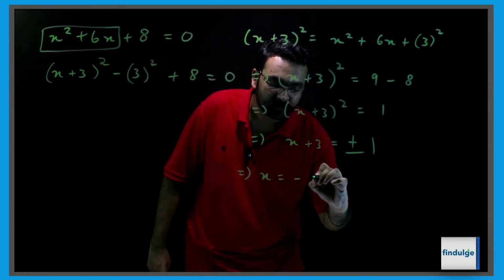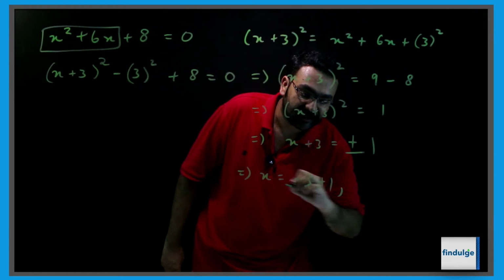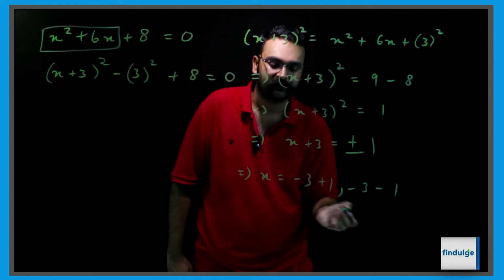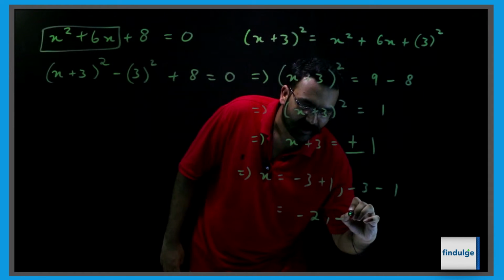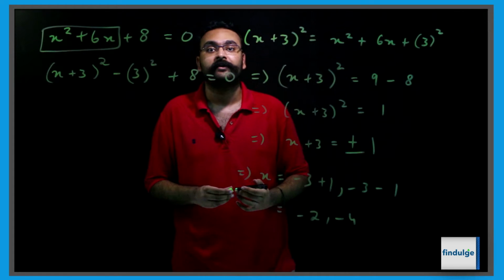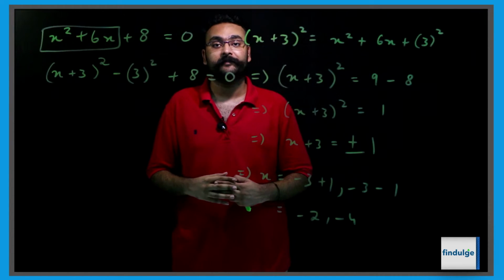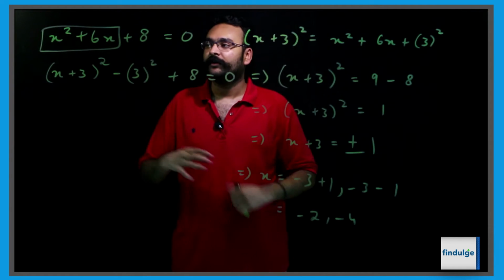One answer will be minus 3 plus 1 and the other one will be minus 3 minus 1, which we are getting as minus 2 and minus 4, which is the same as what we got by splitting the middle term. This is completing the square method.